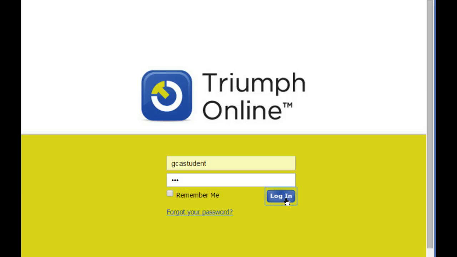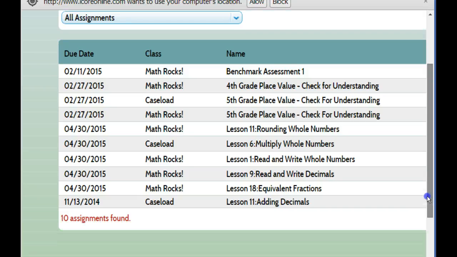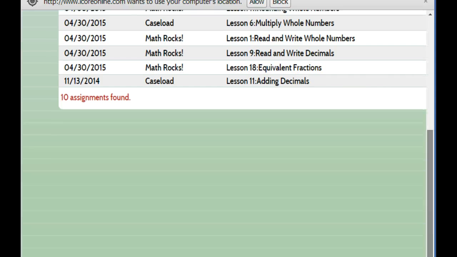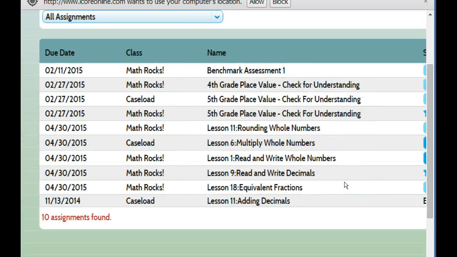When you log in, one of the things that has been assigned is an activity on equivalent fractions. So if you go right here to this lesson, I am going to scroll over a little bit because I've reduced the screen size.